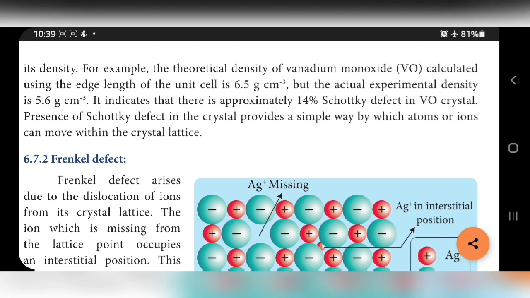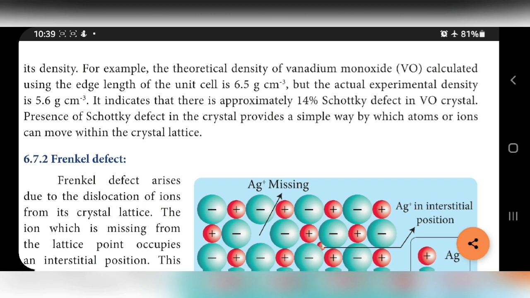If you calculate the percentage, we get 14% Schottky defect in the vanadium monoxide crystal. Due to this presence of Schottky defect, the crystal provides a simple way by which atoms or ions can move within the crystal. So this gives the explanation for how atoms or ions can move within the crystal.